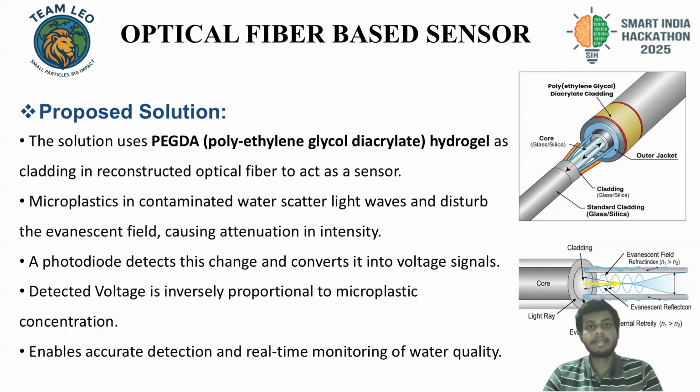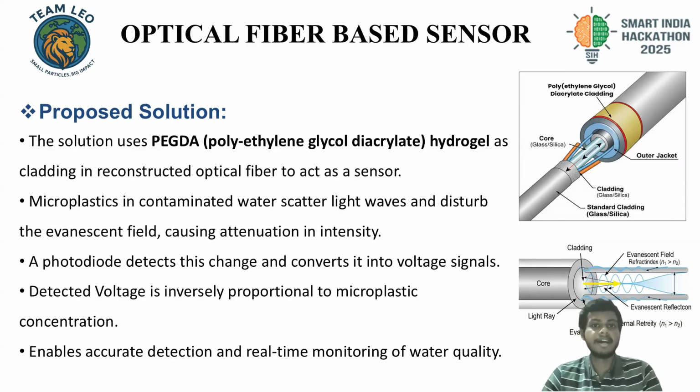At the other end of the optical fiber, we use a photodiode as a detector. The photodiode converts the received intensity into voltage signals. As the microplastic concentration increases in the cladding material, the scattering parameter also increases. As the scattering increases, the intensity decreases. Due to the decrease in intensity, the received voltage will also be less.